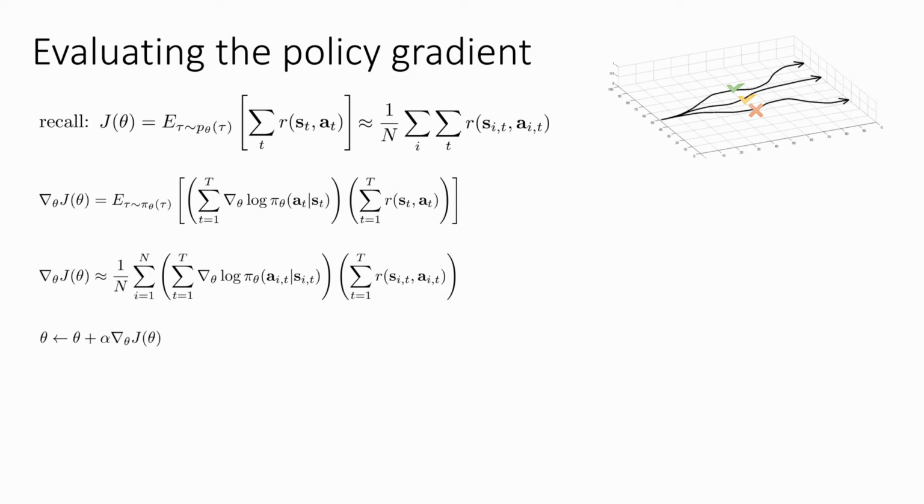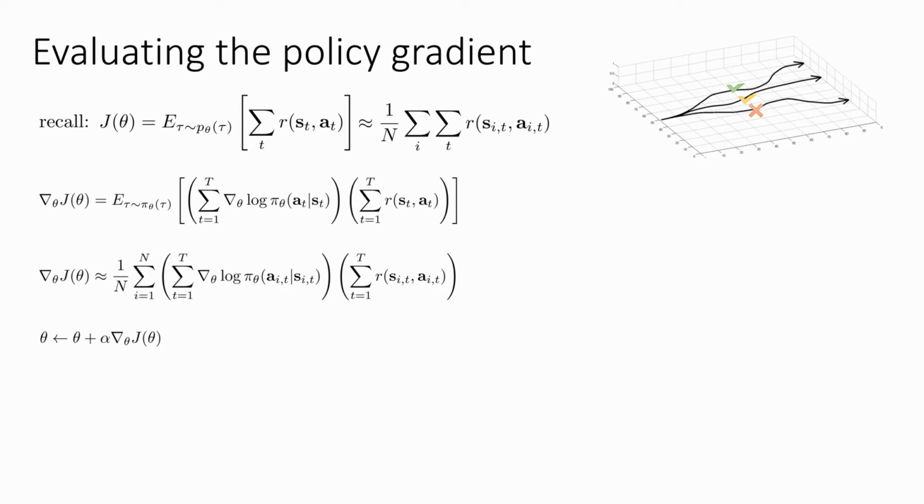Yes? How do you make sure that the trajectories you get match the probabilities of the expectation, like the empirical frequencies? Good question. So the question was, how do you make sure that the trajectories you get actually match the probabilities that you want, because you want this expectation to be under pi theta of tau. The assumption in reinforcement learning is that if you actually run your policy, the process that generates that trajectory matches that distribution.